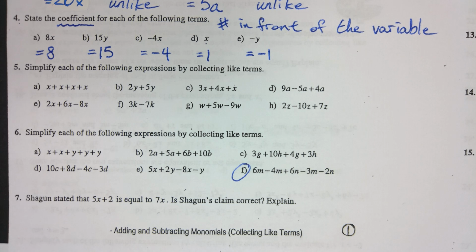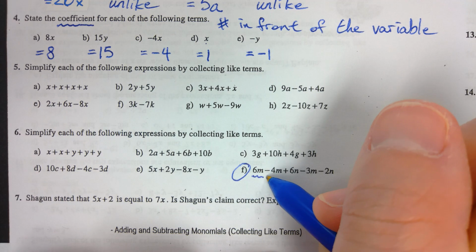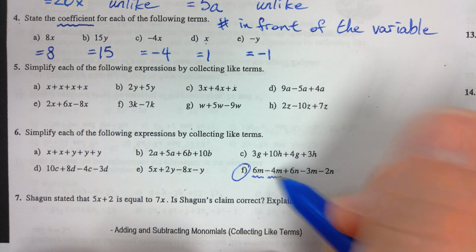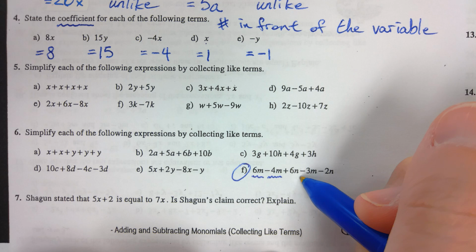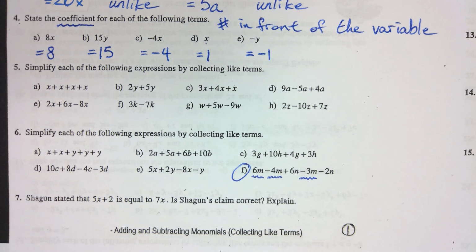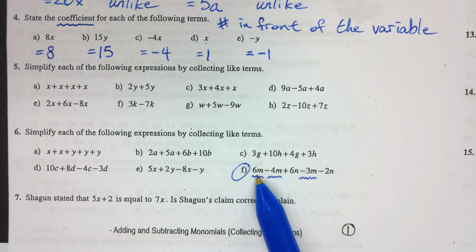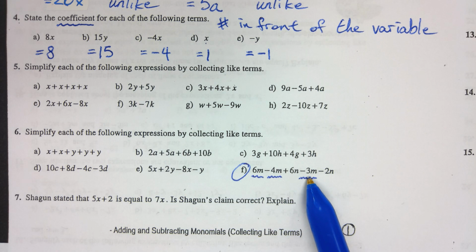Okay, Leanna. 6m, -4n, and -3m. So these three. Remember the sign in front always goes with it. Just like right here with the coefficient. Right? The sign goes with it. So 6 minus 4 minus 3.